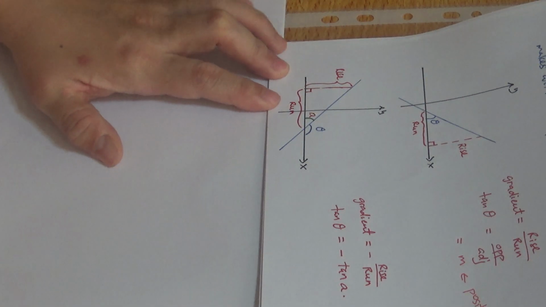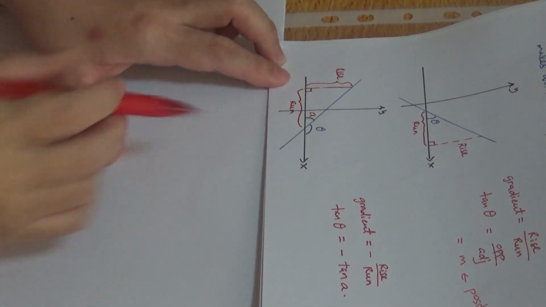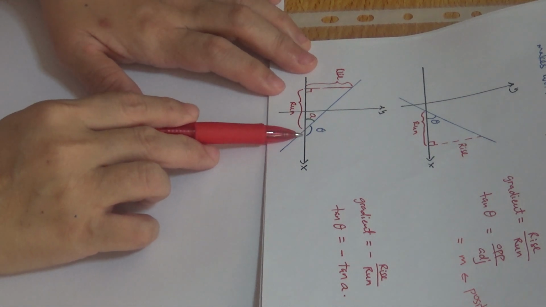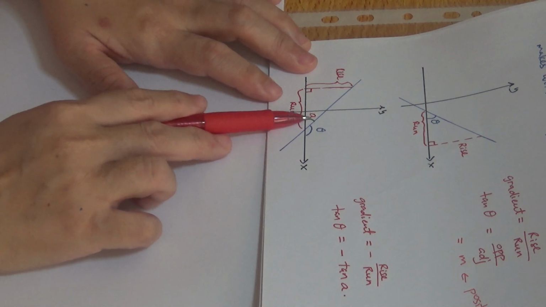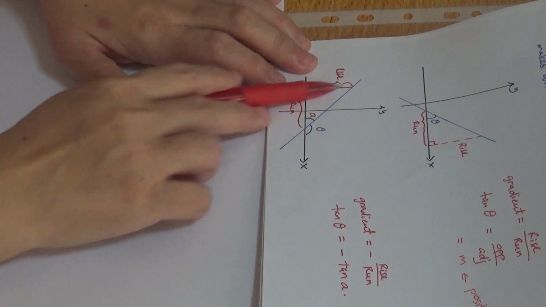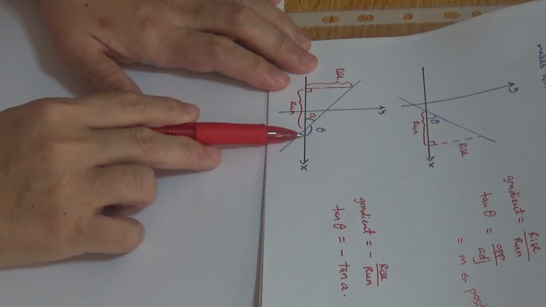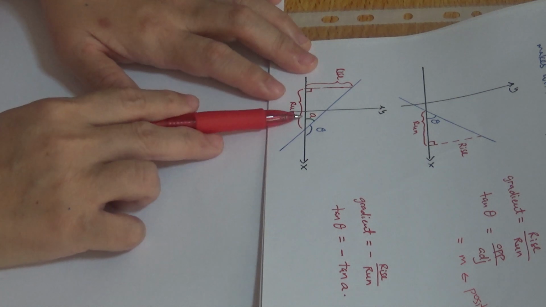Now let me go to the second situation. If the line slopes this way, this is theta, because it's the angle that the line makes with the positive direction. But note that this is angle little a. Little a is an acute angle, so theta is an obtuse angle. Now we know that the tangent of an obtuse angle is negative, while the tangent of an acute angle is positive.